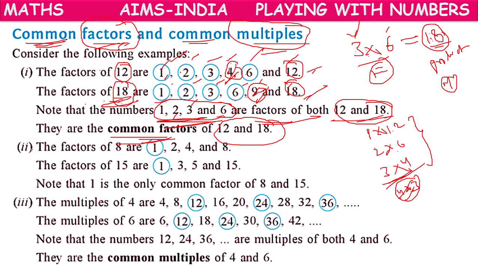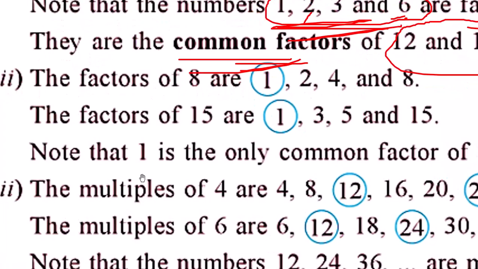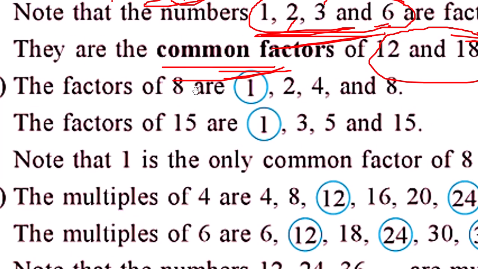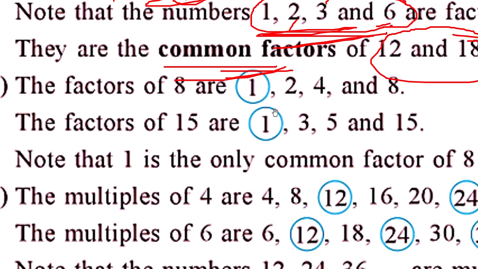In the same way, if you check another example, the factors of 8 are 1, 2, 4, 8. The factors of 15 are 1, 3, 5, 15. Which one is common in both?